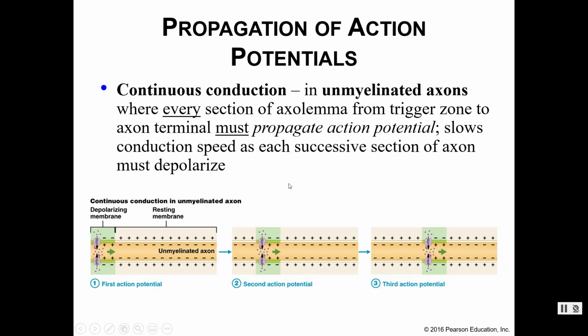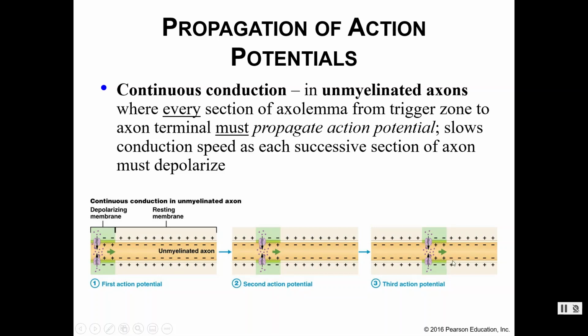Now, let's see how that compares to continuous conduction. Continuous conduction is how unmyelinated axons work, which means you have to depolarize every single little section. Every section of axolemma, from the trigger zone, the original depolarization zone, all the way to the axon terminal, you must propagate the action potential down the entire length.